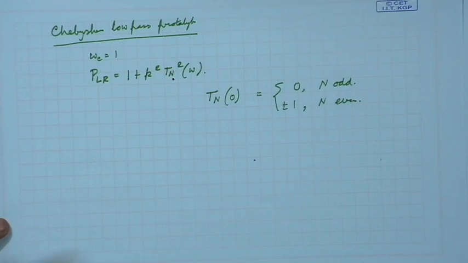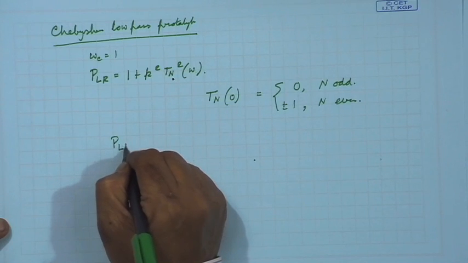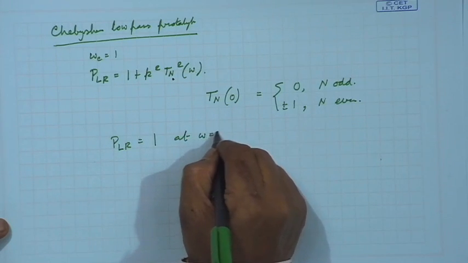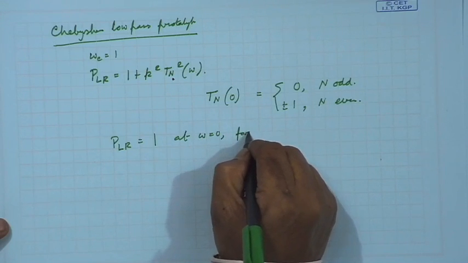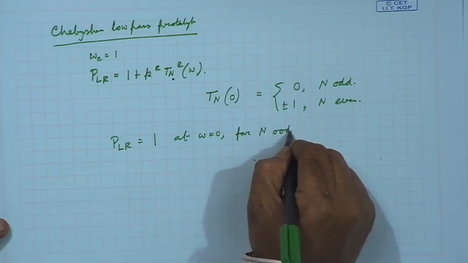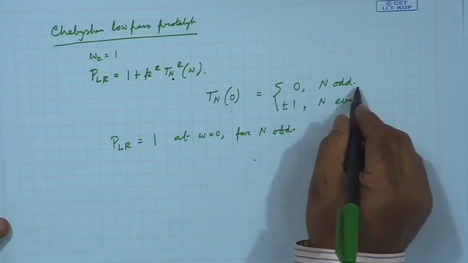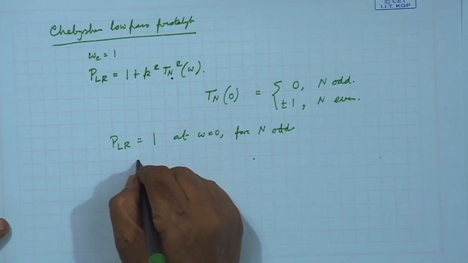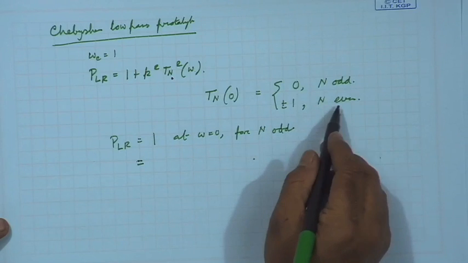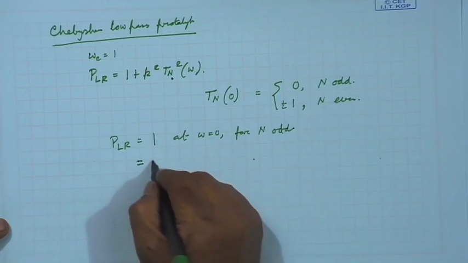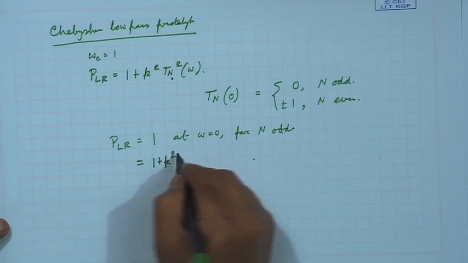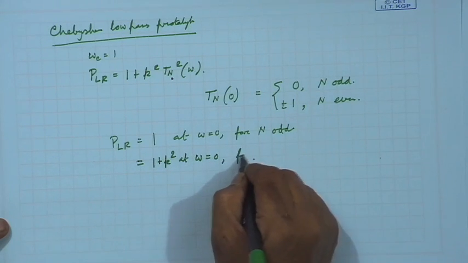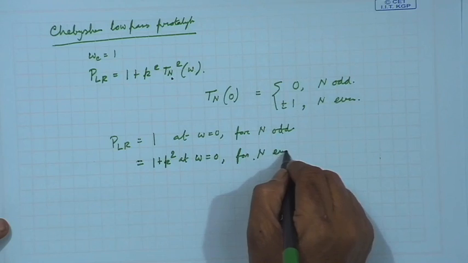So, accordingly, your PLR will be 1 at omega equal to 0 for n odd, because if n is odd T n is 0. So, PLR becomes 1, and for n even, it will be 1 plus k square at omega equal to 0.